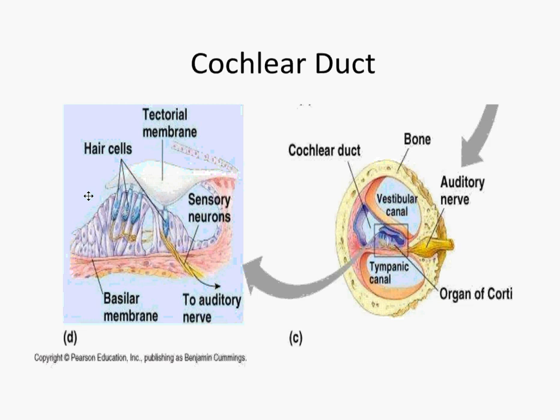And so that's the big idea here with any sensation that we're going to talk about: when there is that energy transfer, in this case vibration to electricity, it's going to cause a depolarization of that cell, and then that's going to send that impulse to the brain. Here's the auditory nerve, which has a direct pathway to the brain. Brain perceives that as a sound, and so forth. All right, and so it's these tiny little hair cells that are causing that to work.